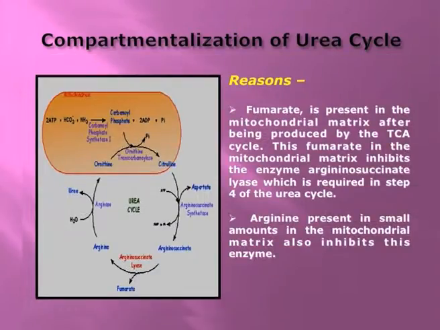Now I will tell you the need for this compartmentalization. Fumarate, one of the important TCA cycle intermediates, is present in the mitochondrial matrix, which inhibits the enzyme argininosuccinate lyase. Also arginine is present in the mitochondrial matrix, which also inhibits the same enzyme.